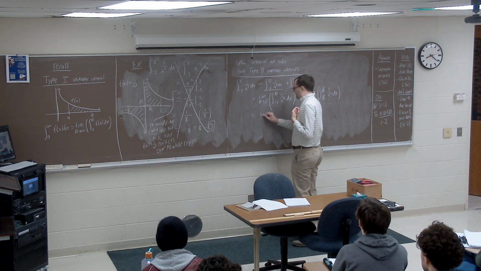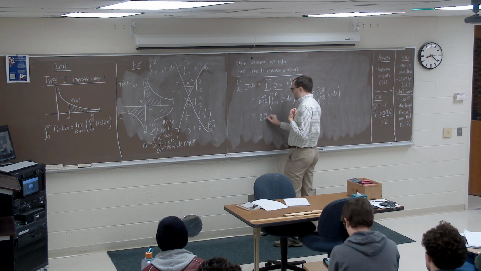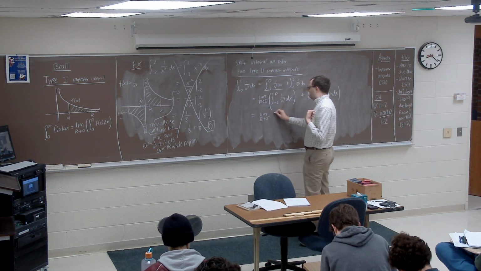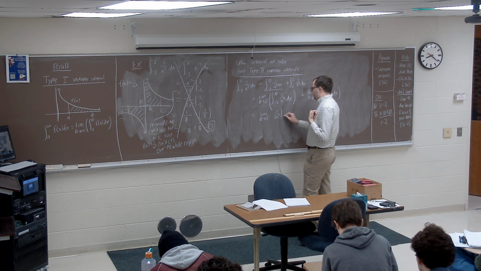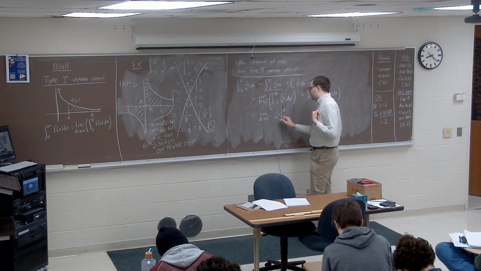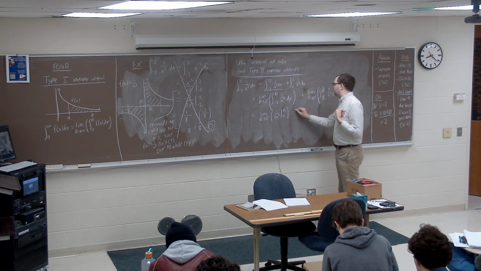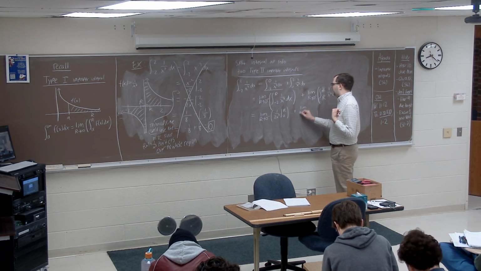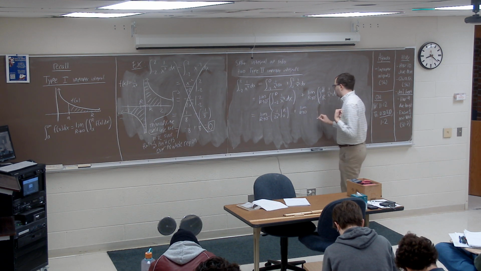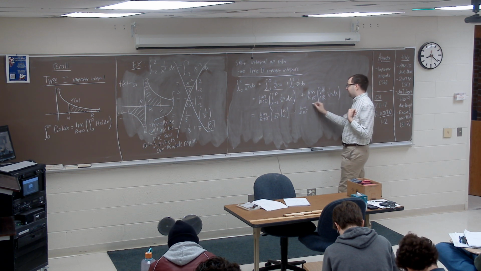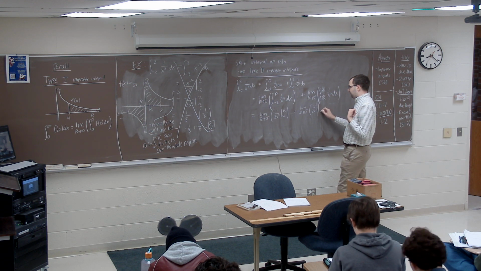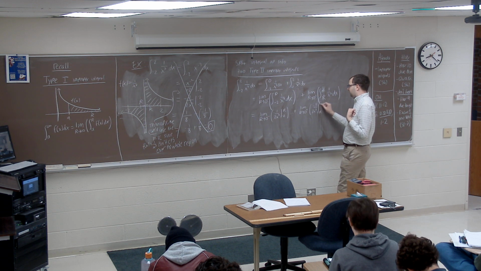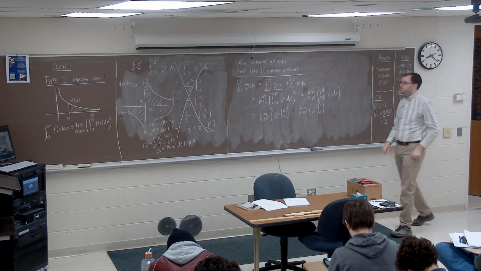So we'll get a limit as r approaches 0 from the left of -1 over 2x squared from -2 to r, this time I'll try and be careful, plus the limit as r goes to 0 from the right-hand side of -1 over 2x squared, evaluated from r to 2.